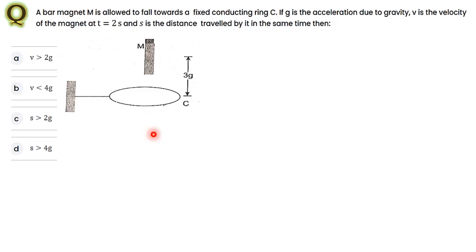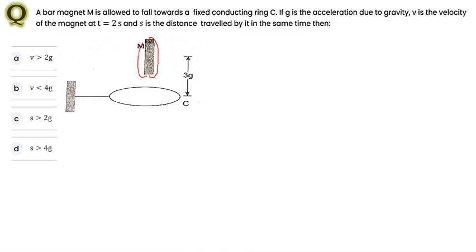From here, what you need to mention is what is meant by Lenz's law. Whenever the magnet is moving towards the fixed conductor, the magnetic flux around it keeps changing, from north pole to south pole.